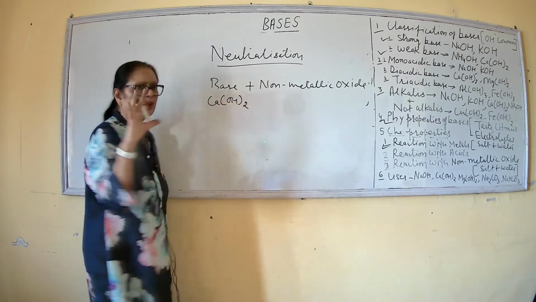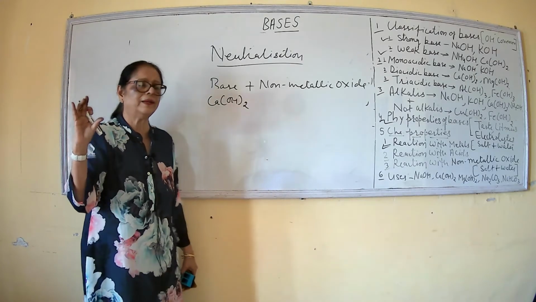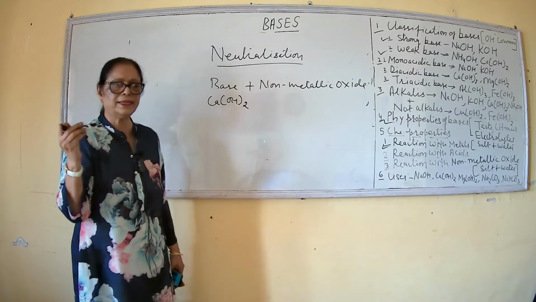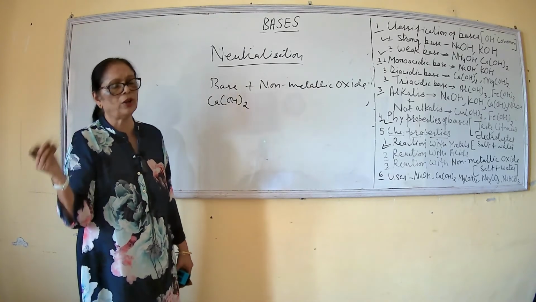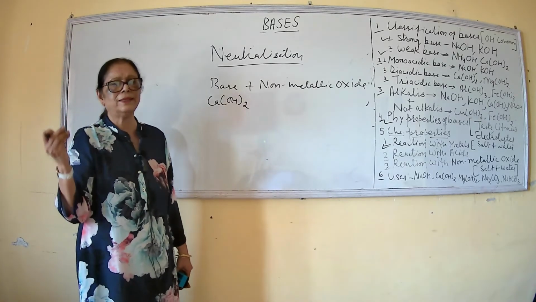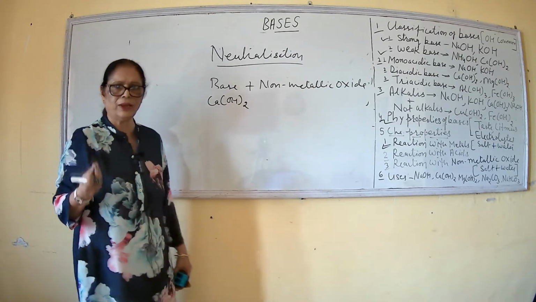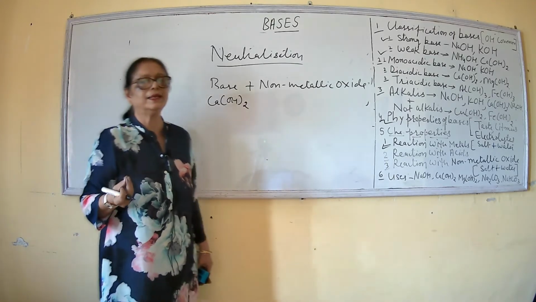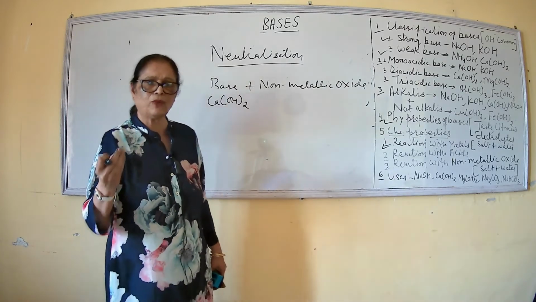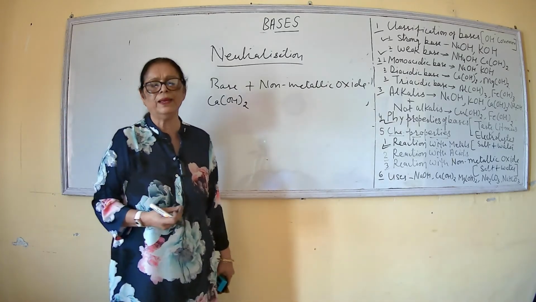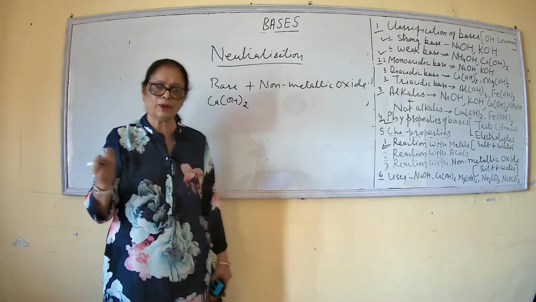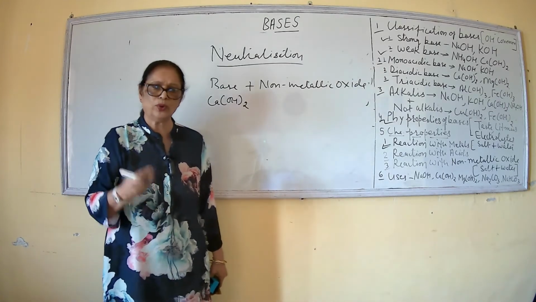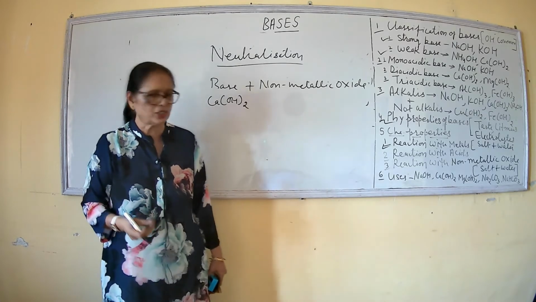If you dissolve it in water and take out the upper clear water, it is also known as lime water. It is a well-known test for carbon dioxide, which is a non-metallic oxide. Non-metallic oxides normally are acidic in nature because when you dissolve them in water they form their corresponding acids. Carbon dioxide, when dissolved in water, forms carbonic acid. So it is known as an acidic oxide.